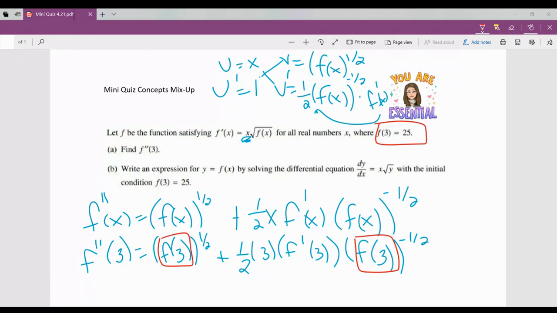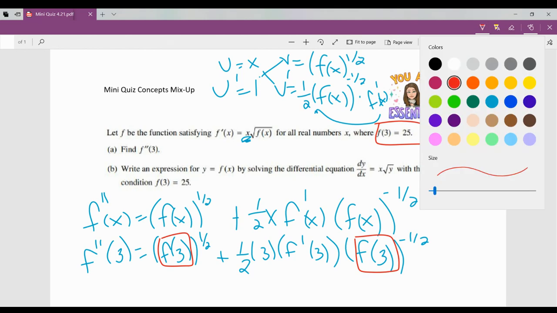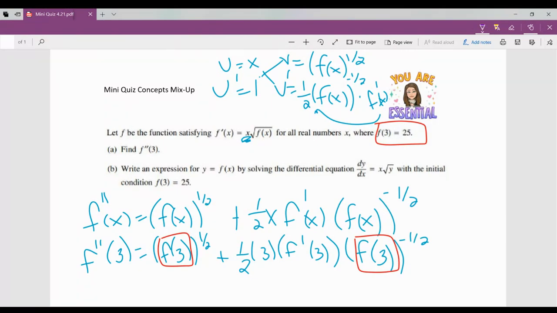And then to find f prime of 3, which is right here, I can find what f prime of 3 is by just plugging that into my derivative that I have right there.